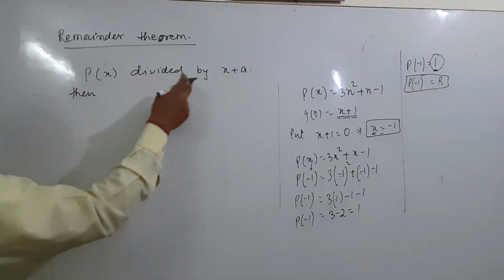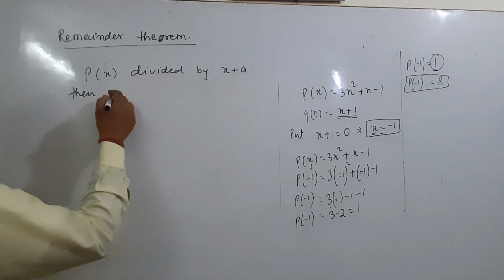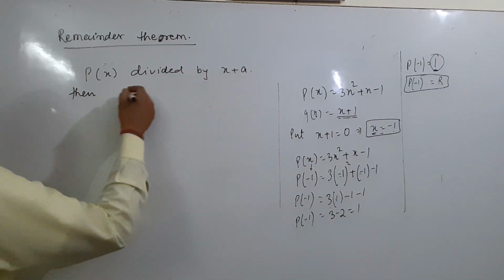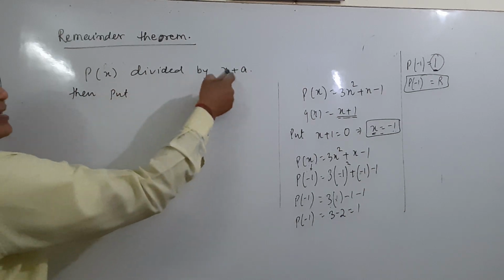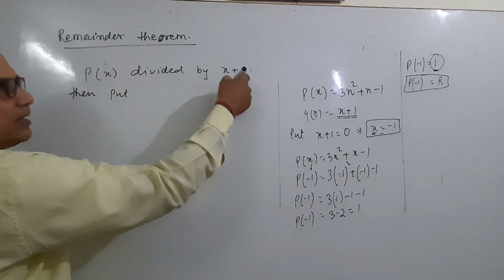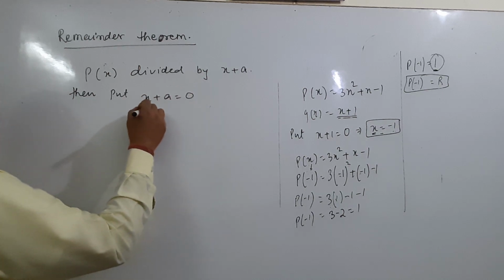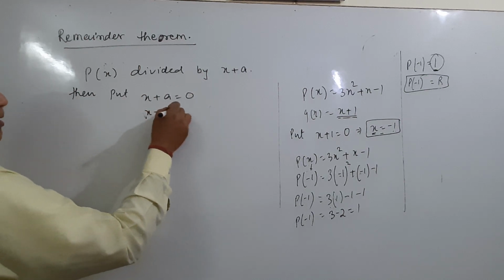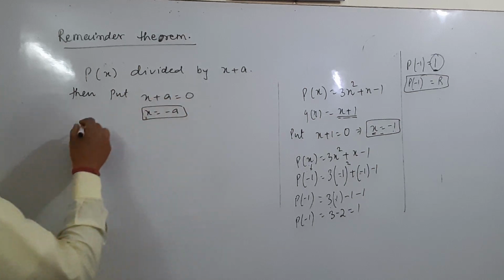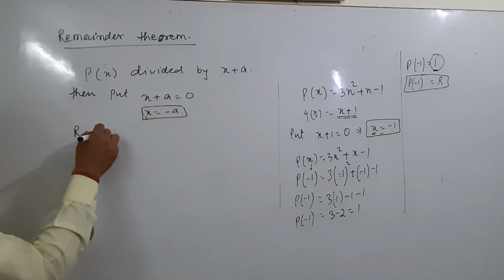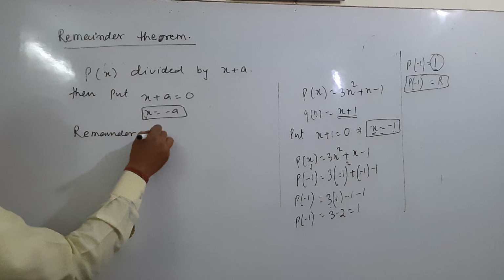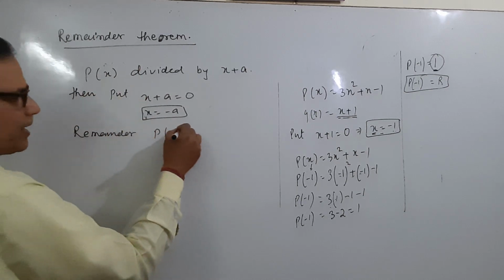So we put the value of x opposite of that, x equal to minus a. How does it come? x plus a equal to 0 and x is equal to minus a. Then the remainder is p of minus a.